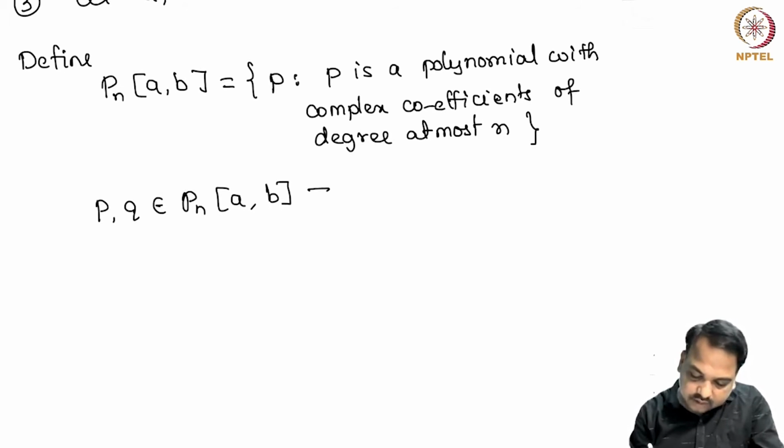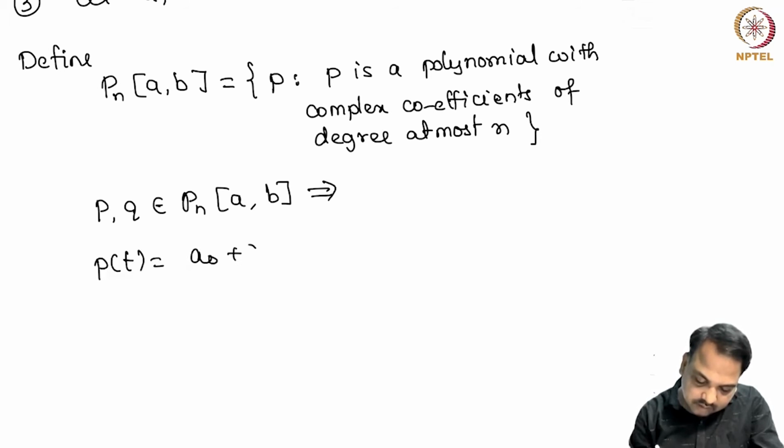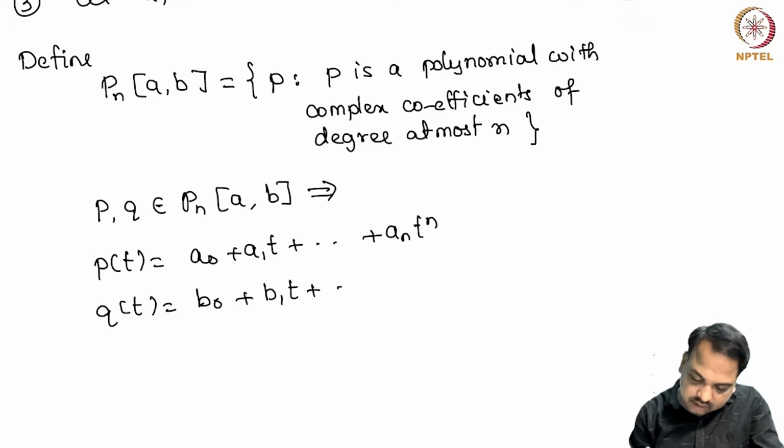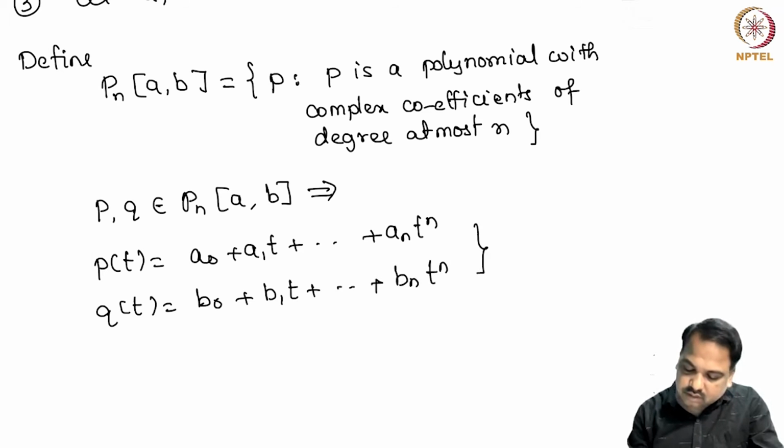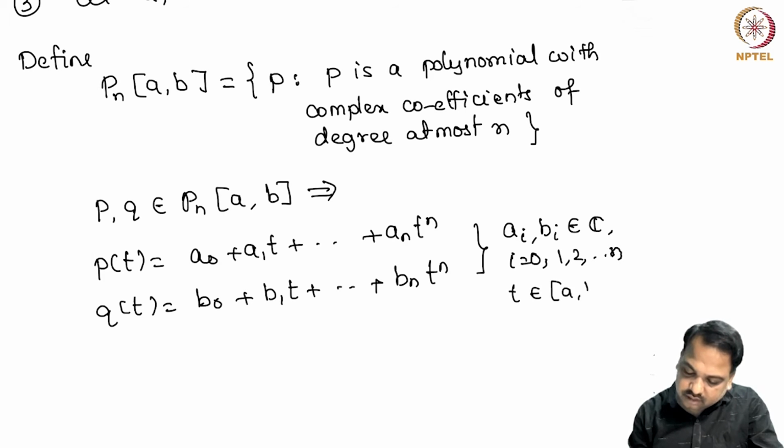Define P of t as a0 plus a1 t and so on up to an t power n, and Q of t as b0 plus b1 t and so on up to bn t power n, where ai and bi are complex numbers, i equal to 0, 1 and so on to n, and t is a variable in the closed interval ab.